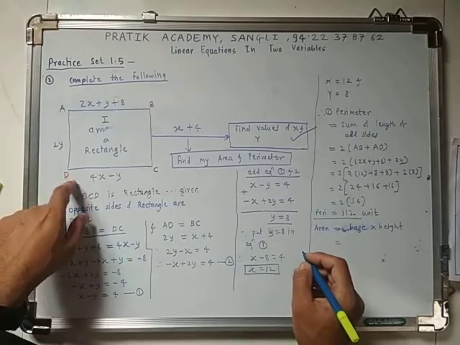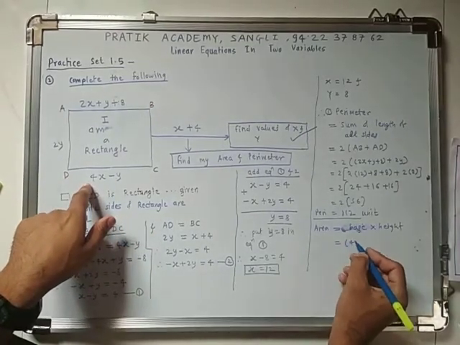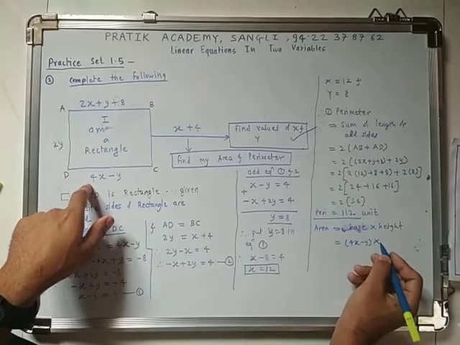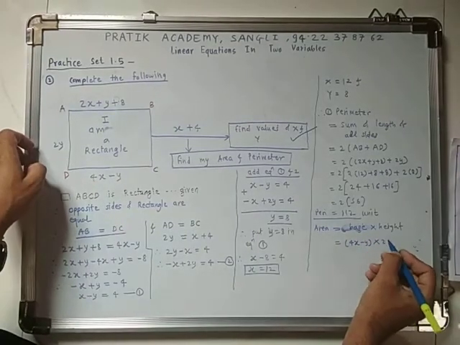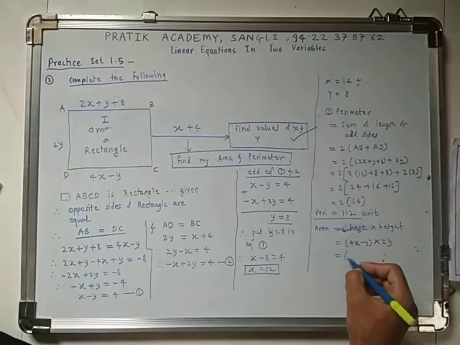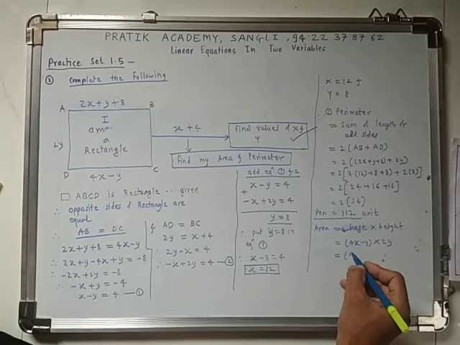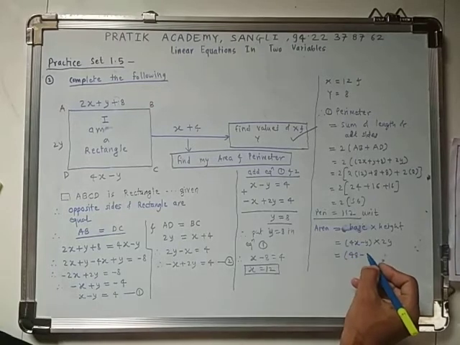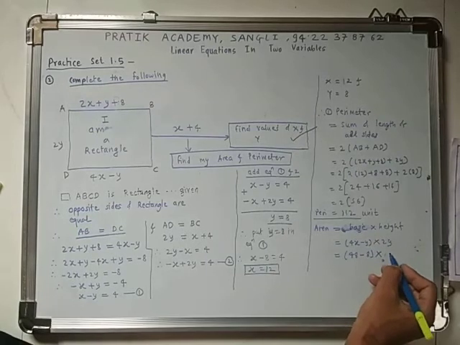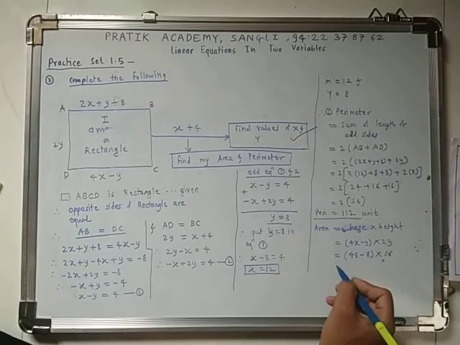If you take 4x minus y as the base, 4x minus y, height is 2y. Okay, so what will happen here? 4 into 12, so 48, minus y is minus 8, into 2 into y, that is 2 into 8, 16.